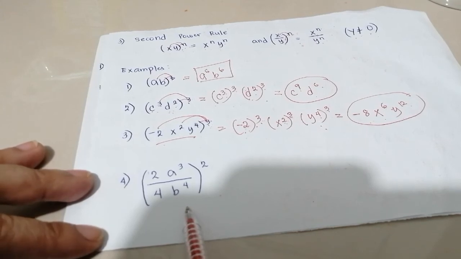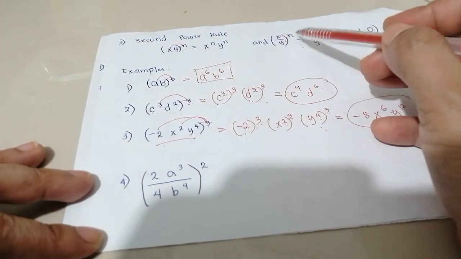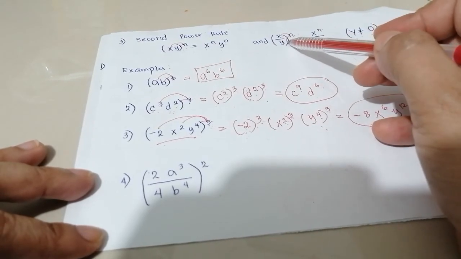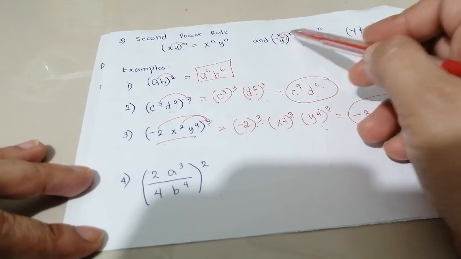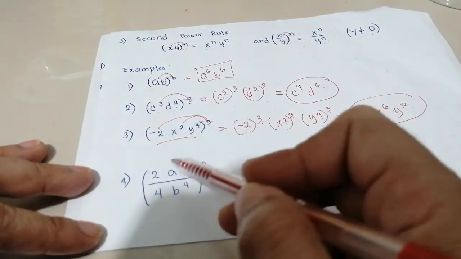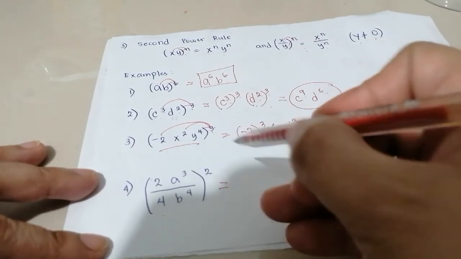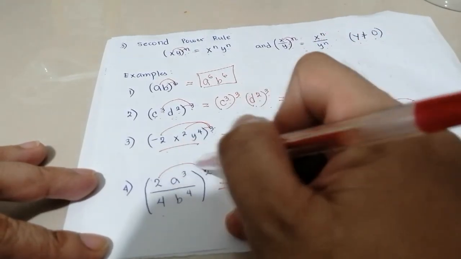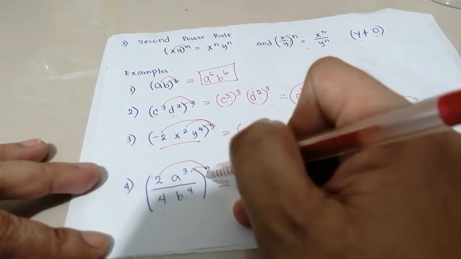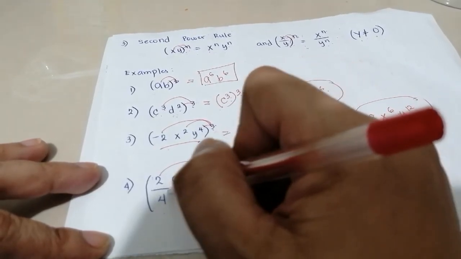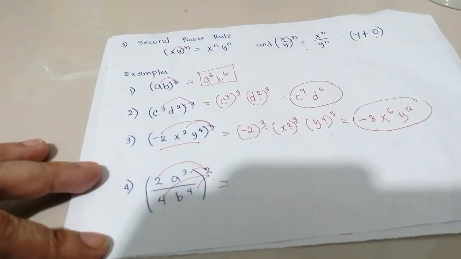So, ang gagawin natin, again, just like the rule says, even if it's division, all you need to do is distribute still the exponent to the numerator and to the denominator. So, i-multiply pa rin natin yan, i-distribute pa rin natin yan. So, first, i-multiply natin yung 2 dito sa 2, and then this 2 to this a raised to the 3rd power, and then after, multiply this 2 also to 4, and to the b raised to the 4th power.